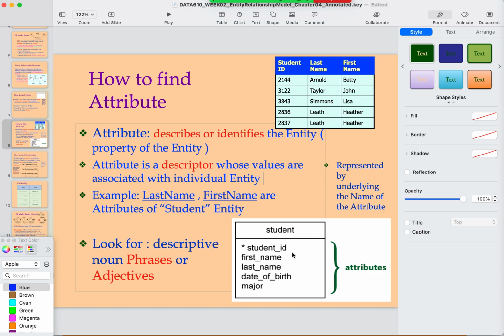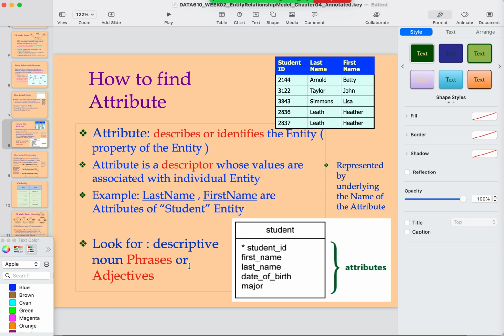Attributes would be the student ID. That is the descriptors, the descriptions of these students. Student has an ID. Student has a first name and a last name, a date of birth, and a major. So these attributes would describe the student.